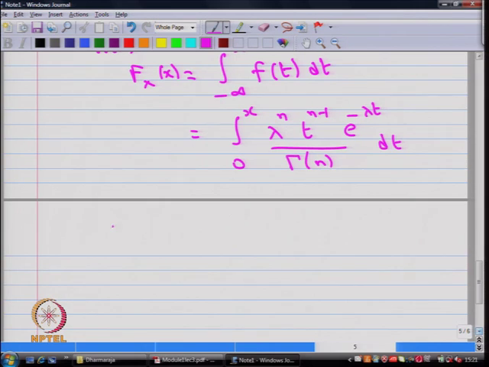What we can do is make a substitution: lambda times t, make it some mu.